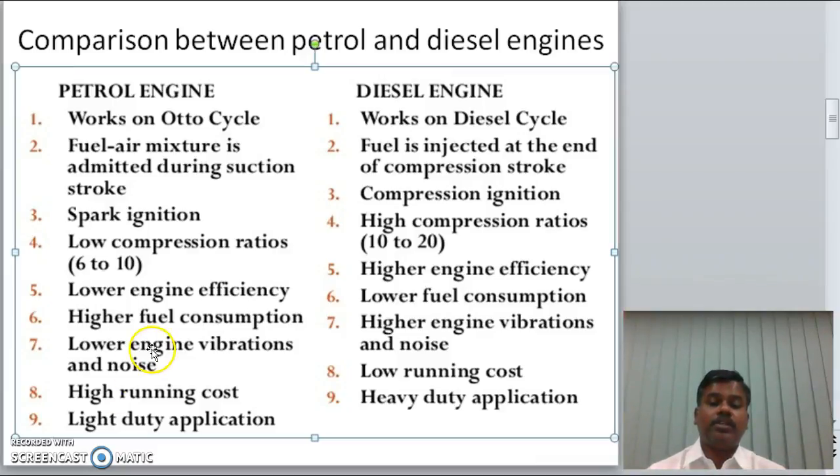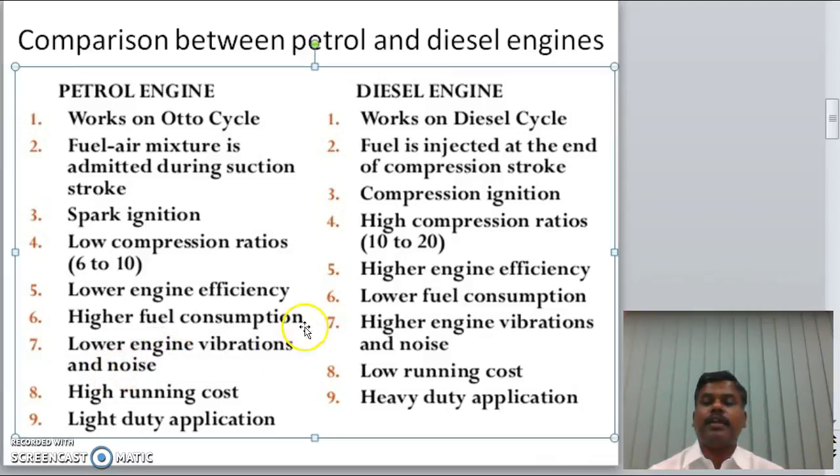A petrol engine consumes more fuel compared with a diesel engine because the air-fuel mixture is supplied during the suction stroke. In the case of diesel, you supply only air and a metered quantity of fuel is injected. The significant advantage of the petrol engine is lower engine vibration.